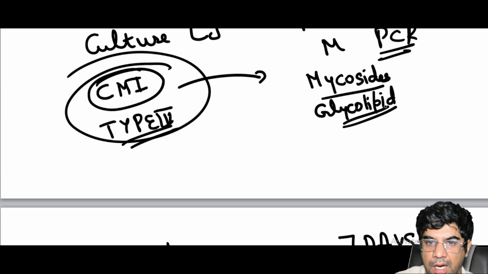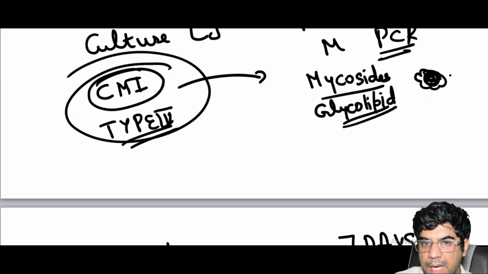After this, a nodule forms that ulcerates and heals poorly. This is similar to the primary tuberculous infection in children, although in children it heals better.